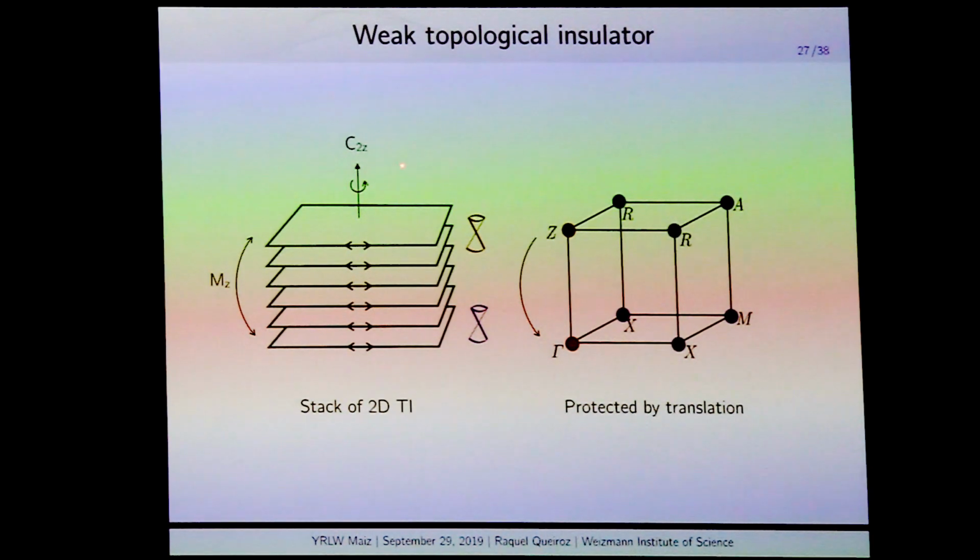And in this case, let's also consider that there's a C2Z symmetry in the system, and there's a mirror in Z, and they anti-commute. So this is a model that has strong topology from the bulk, and it's protected by translation symmetry, because it has surface modes which are local, separated from each other in momentum space. So one is at gamma and one is at Z.